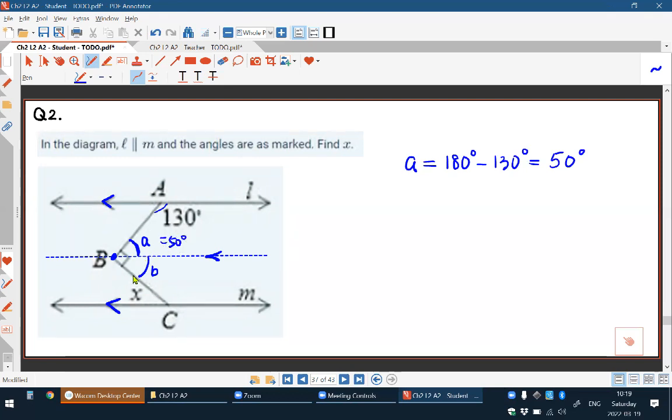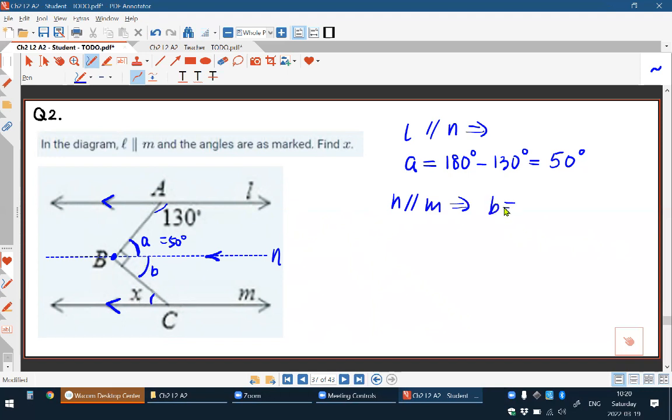Then as long as we can find B, it's easier to solve x. So what is B? Let's call this line N. L is parallel to N, and then N is parallel to M. These two parallel lines give us that B and x are alternate interior angles, right?